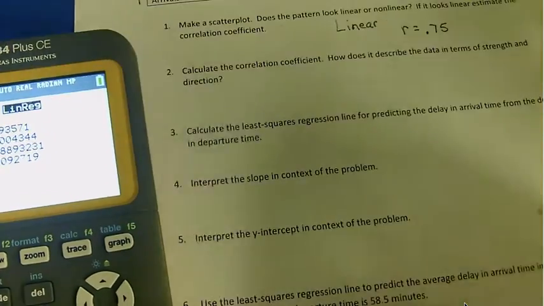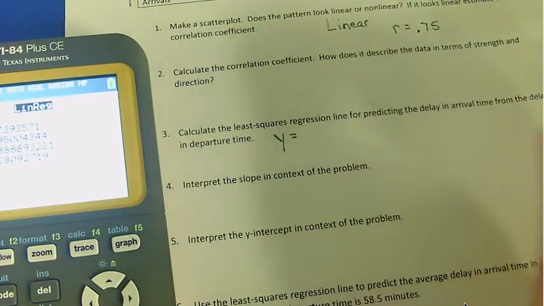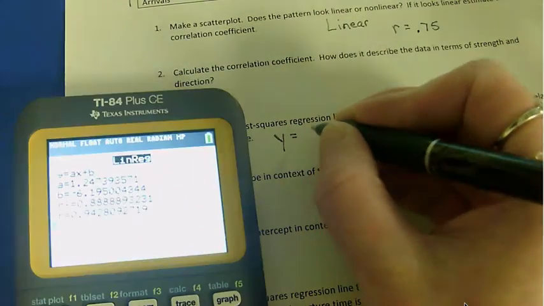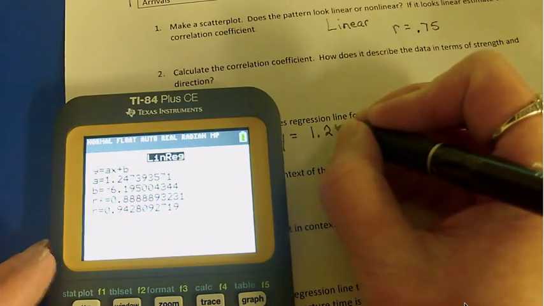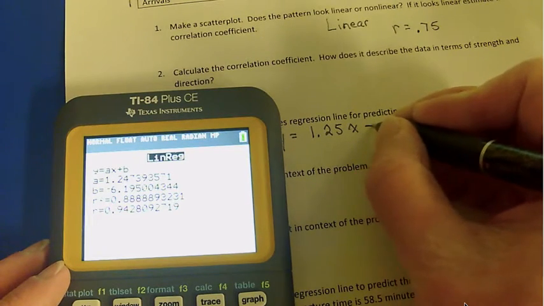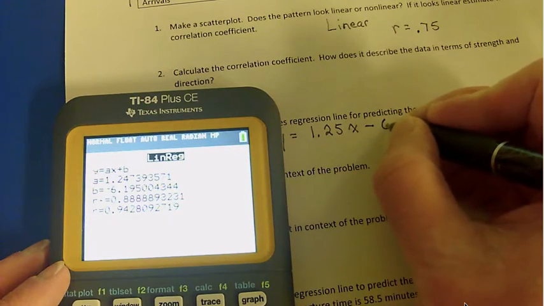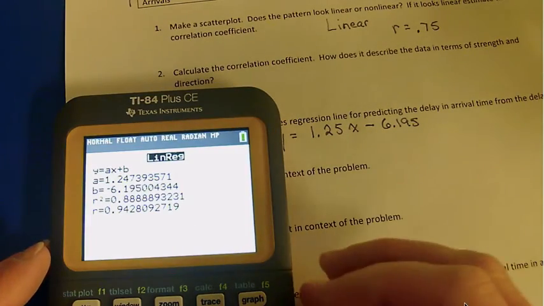I'm going to go ahead and write it down here. Y equals, that would be A is 1.25 X. And then the B is my y-intercept, so minus 6.195. And it gives me R squared, and it gives me R.